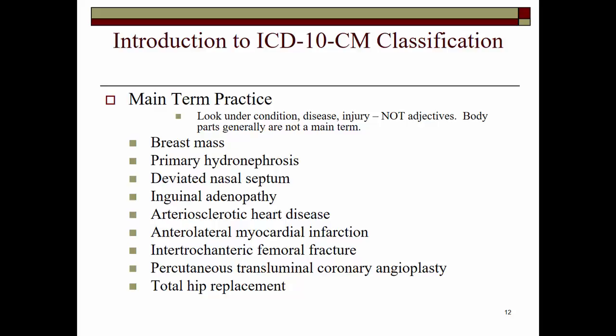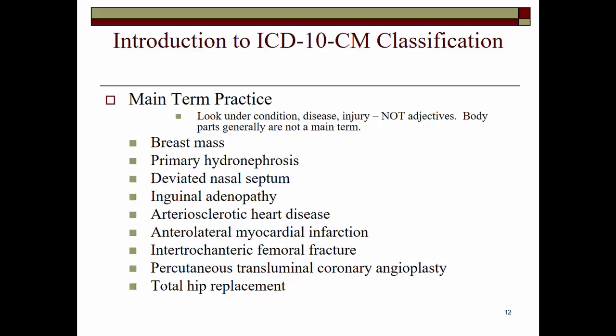That's the descriptor. If we go down to deviated nasal septum again, septum would not be a main term because that is a body part. Nasal describes the body part. What's the main problem? The deviation or deviated. So if we go to look for deviated, we aren't going to see that, but we'll see deviation, and that's really what the problem is.